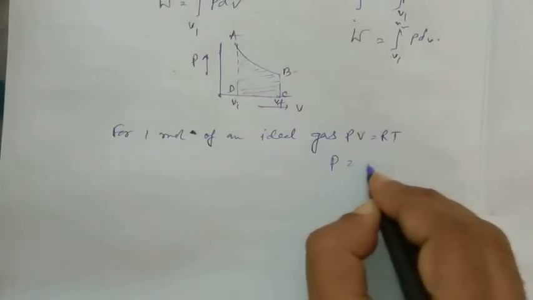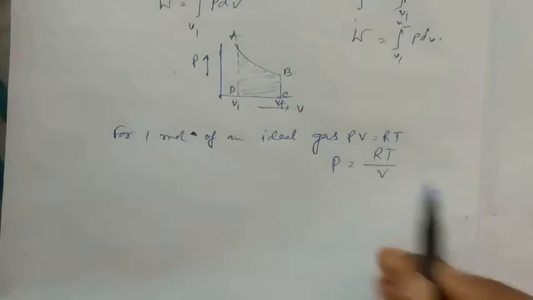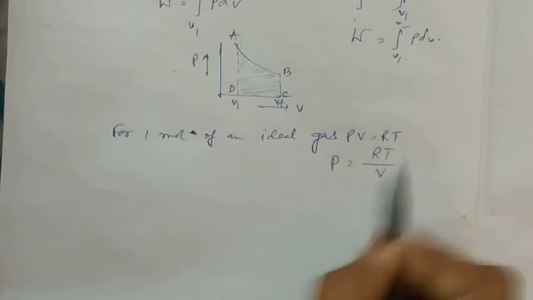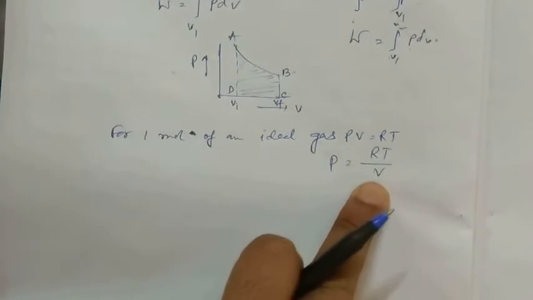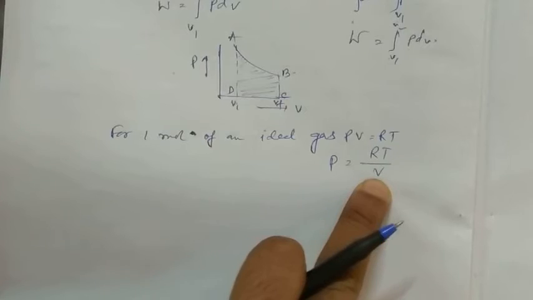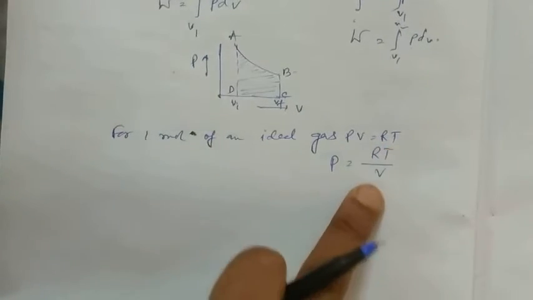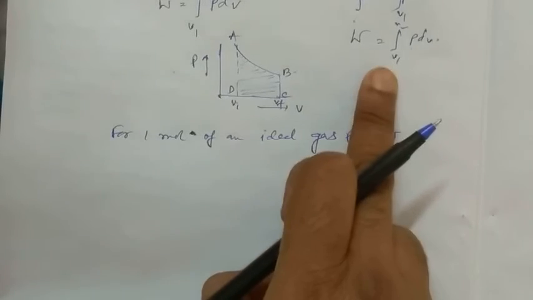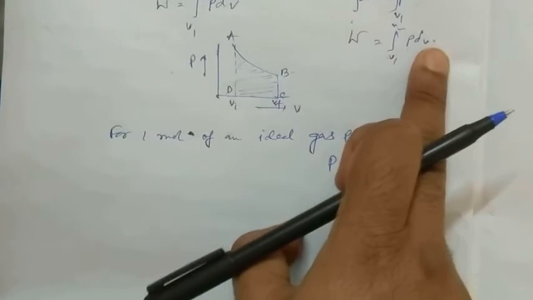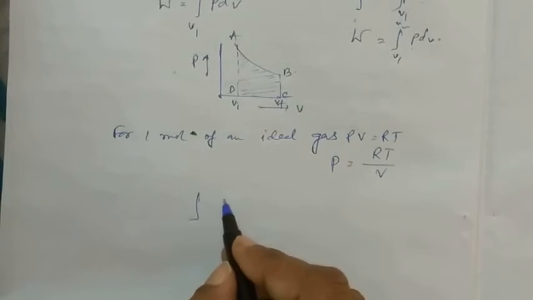From here we get P is equal to RT by V. Now why did we do this? Because in the relation we have to replace P with this RT by V. We have to bring in V, because you know R is a constant, T is a constant for isothermal cases, and we need this volume because we are integrating with respect to volume. So we have to change the form of P.